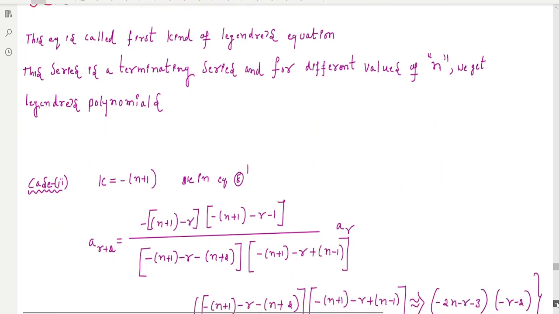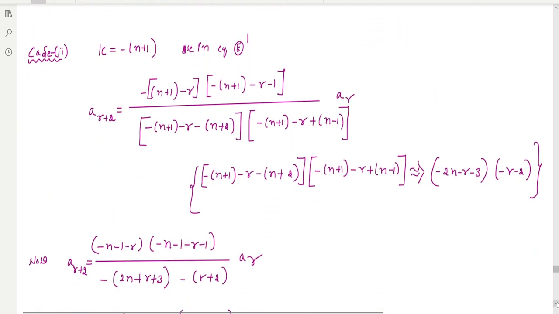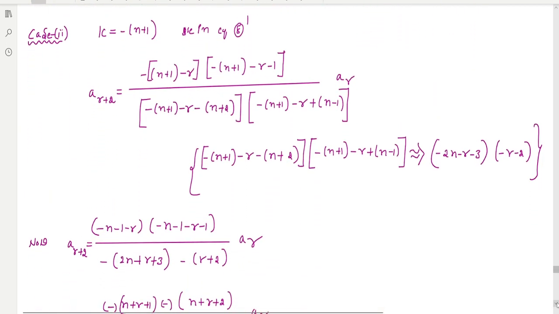Then the second case. What is that second case? k equal to minus n plus 1, right? So wherever k is there, just replace it with minus n plus 1 in our 8 prime equation. After replacing k, right, in place of k, replace minus n plus 1.